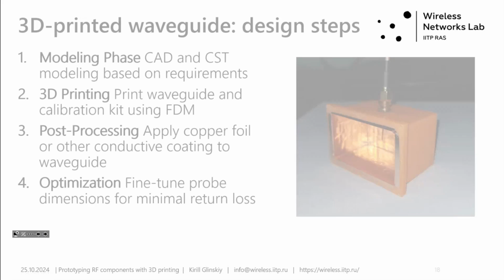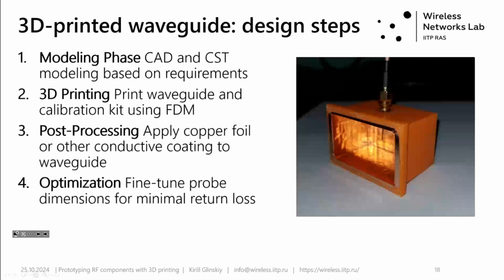So what was our approach to 3D printing the waveguides? Well, we followed this four-step approach, where first of all we modeled our waveguides in CST Studio to obtain the model of the waveguide and measure its parameters in simulations.